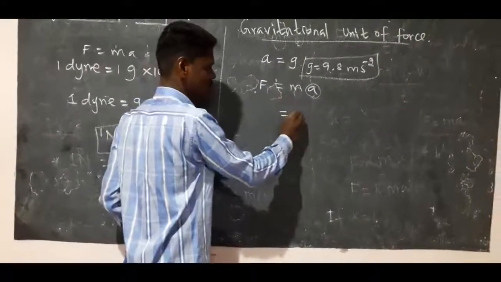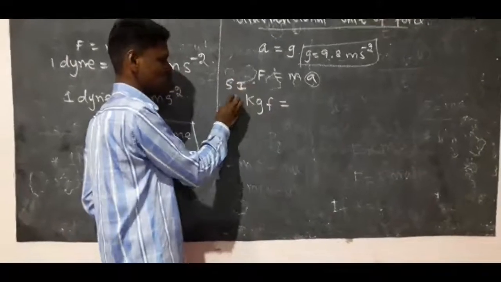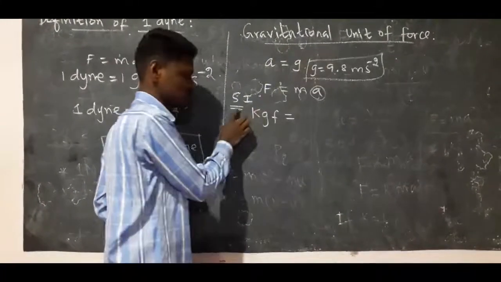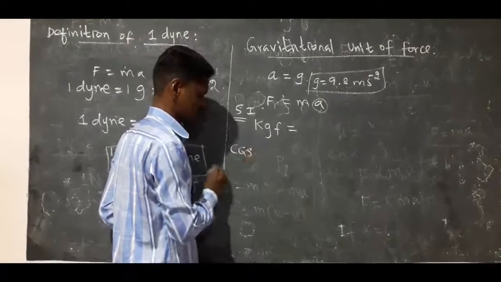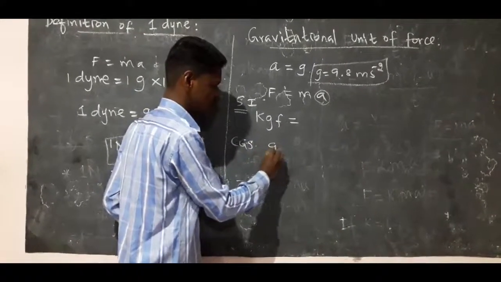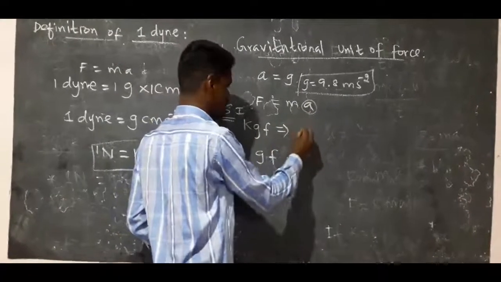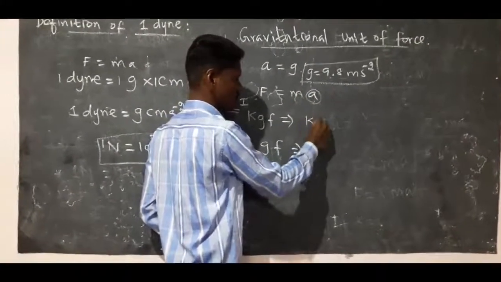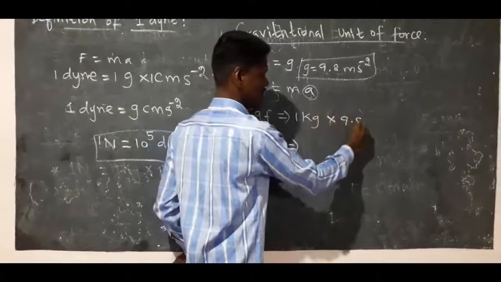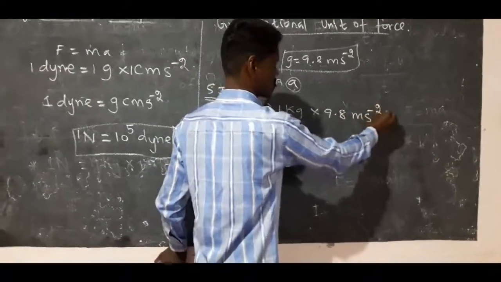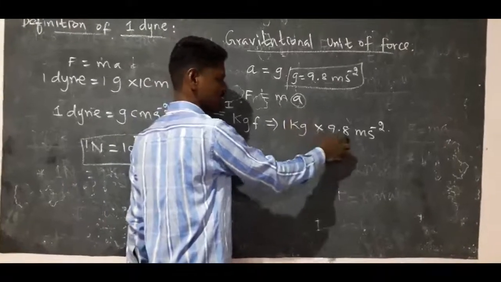In that, we can take it as kilogram force. The SI unit of the gravitational unit of force is kilogram force. In CGS, we take it as gram force. In the kilogram force, what do we take? 1 kilogram into acceleration, which is 9.8 meter second minus 2.